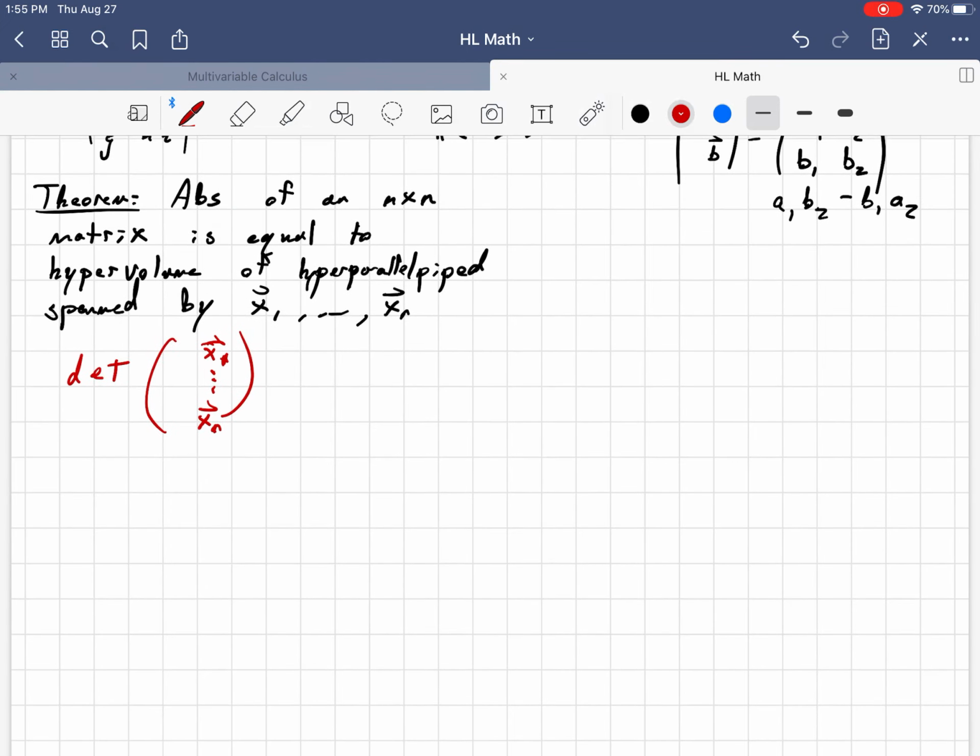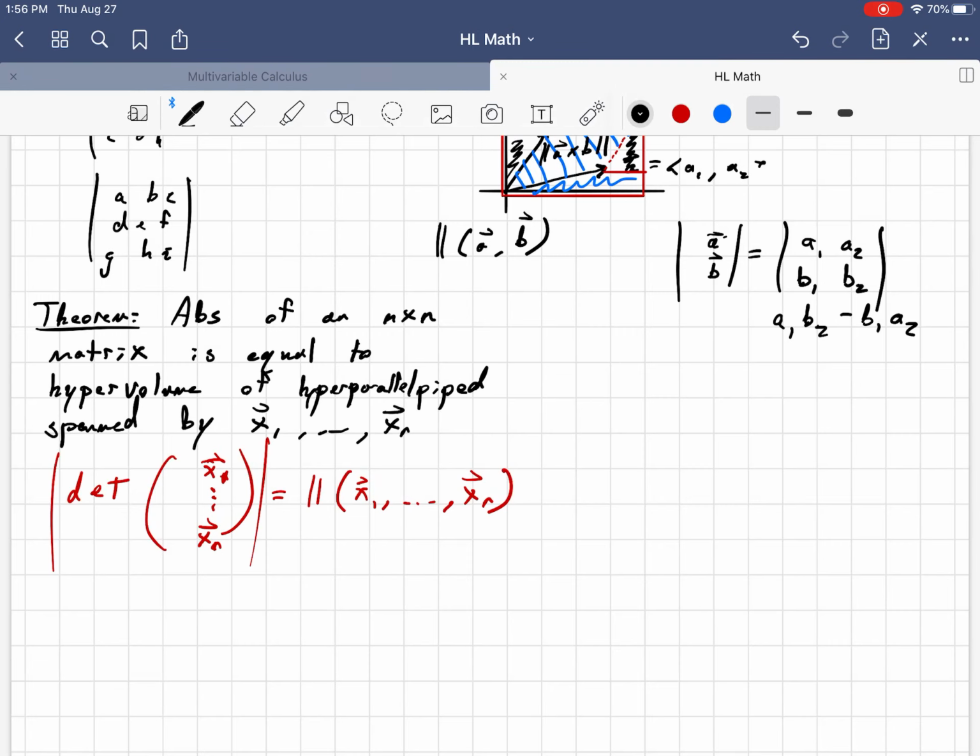That would take a while. So the absolute value of the determinant of that matrix is equal to the hypervolume, or volume in n space, of the hyperparallelepiped in n space spanned by the vectors x sub 1 to x sub n. And this is what I'm going to prove.